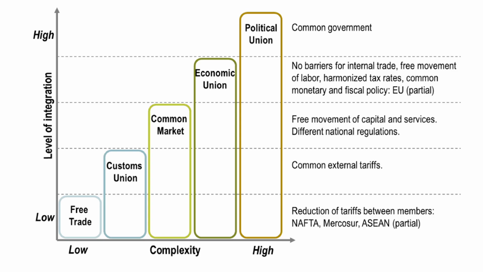Now here I have also brought the explanation for you. Free trade is where the tariffs are reduced between the members, like NAFTA, MERCOSUR, and the Association of Southeast Asian Nations, also a partial free trade zone. Then we have the customs union, which has all the features of free trade plus an additional feature: common external tariffs.